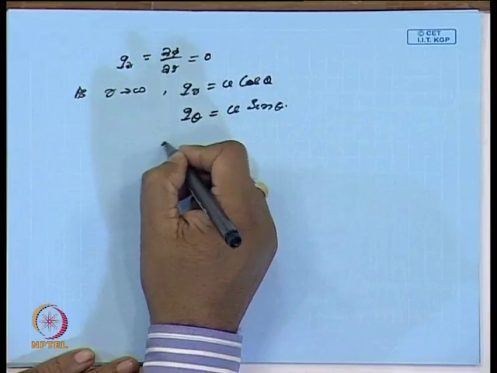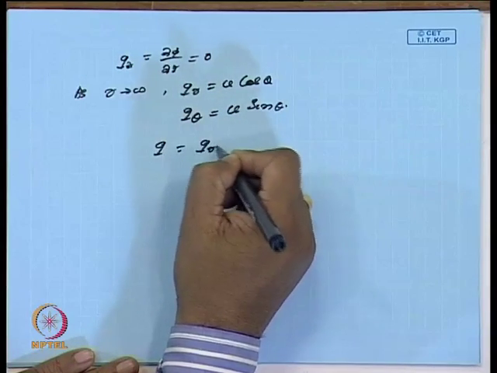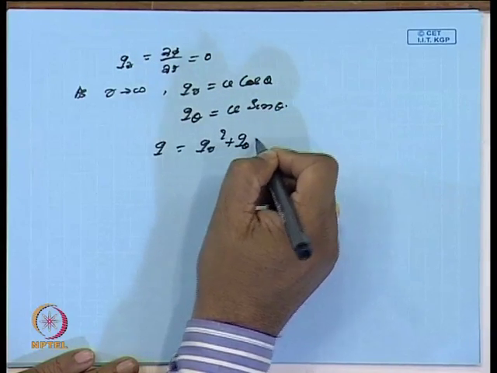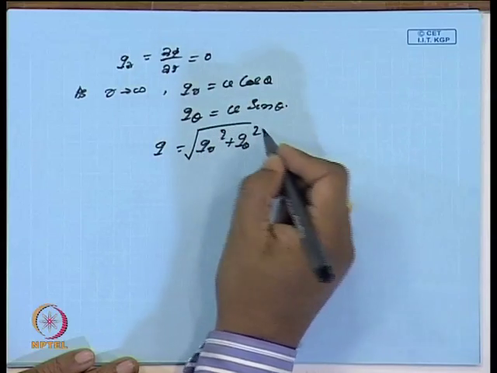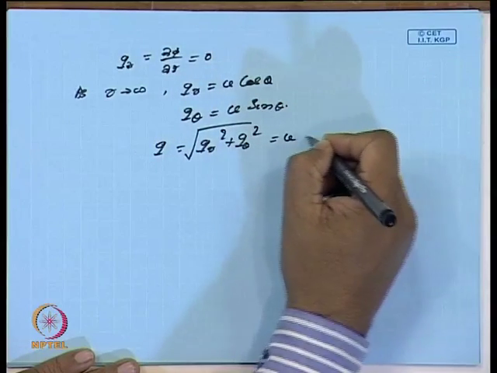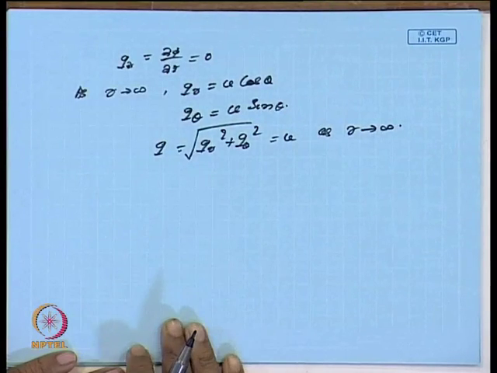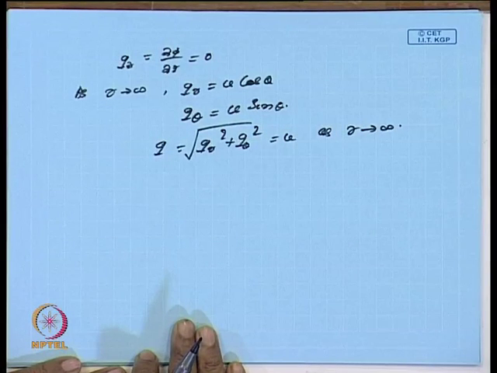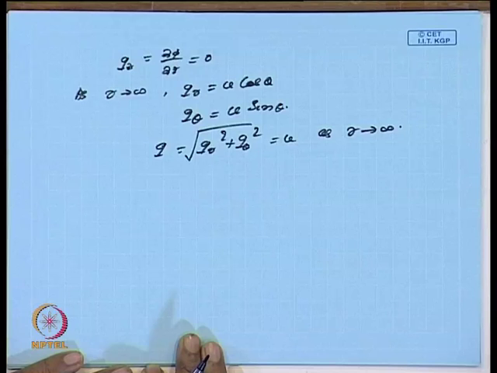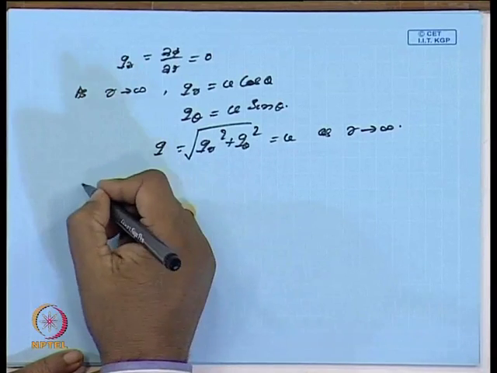Then q is the square root of q r square plus q theta square, and that gives us u as r tends to infinity. Now, further I will just look at two things.